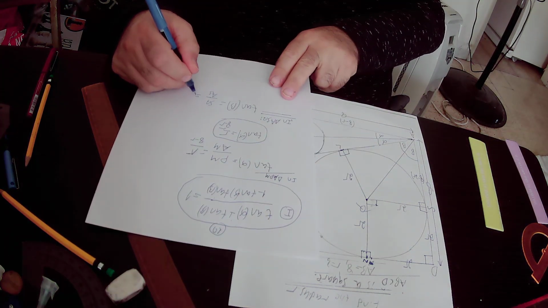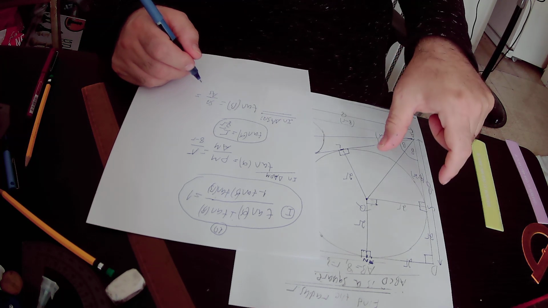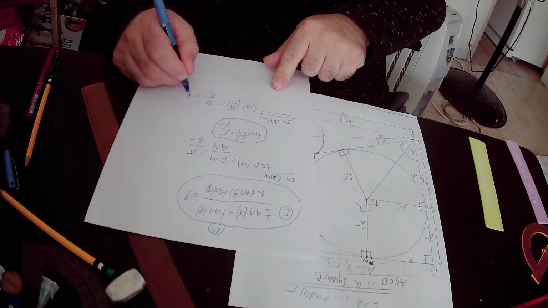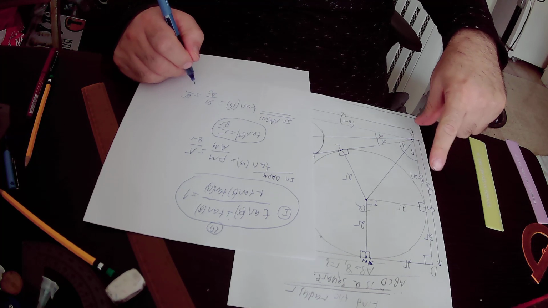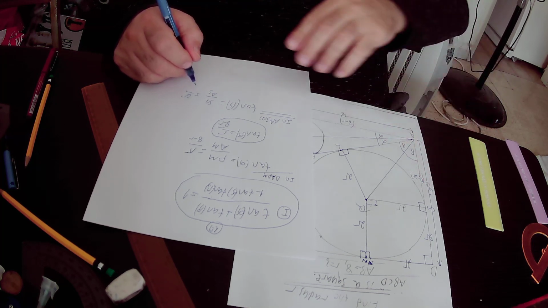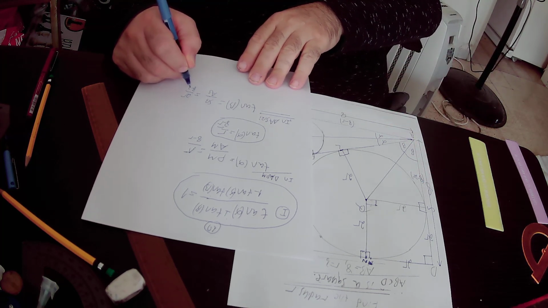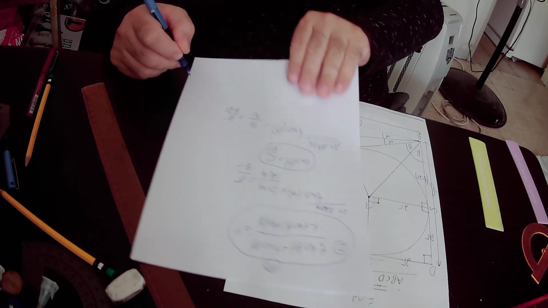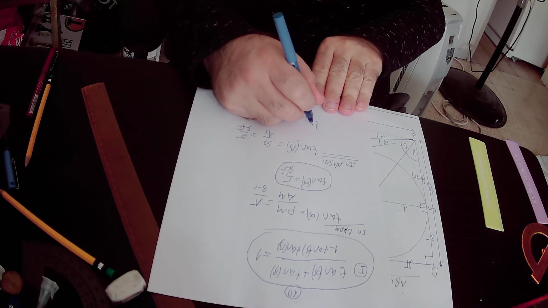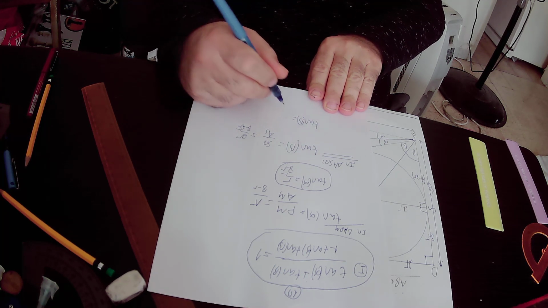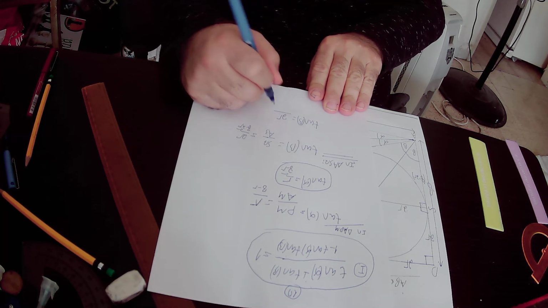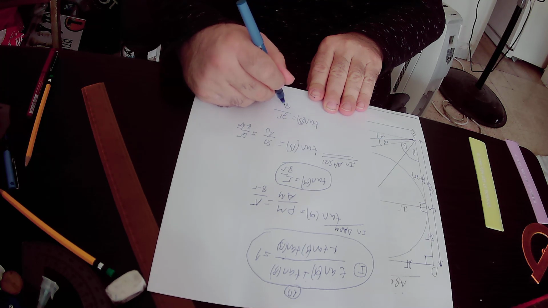What is the value of SQ? The value of SQ is 2R, and the value of AS is 8 minus 2R. In total, we got that tangent beta equals 2R over 8 minus 2R.